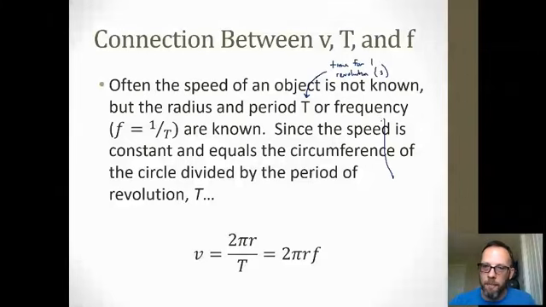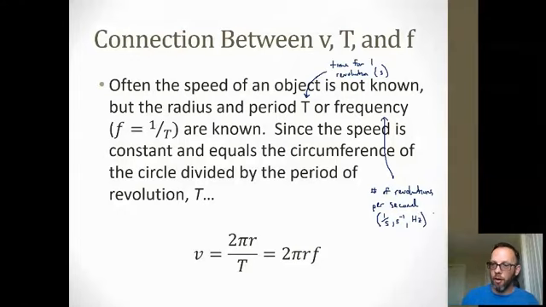The frequency is the number of revolutions per second. So the unit for that is 1 over seconds, or inverse seconds, or there's a unit you might have seen in your grade 11 course called the hertz. So often you'll have the frequency in hertz.